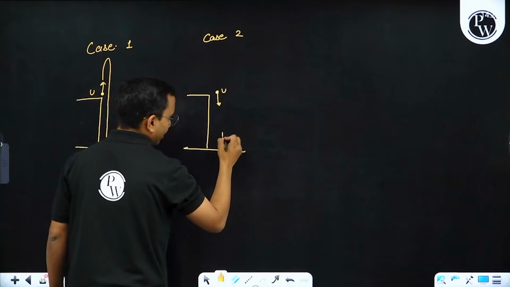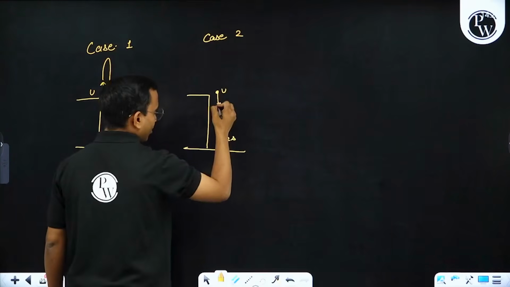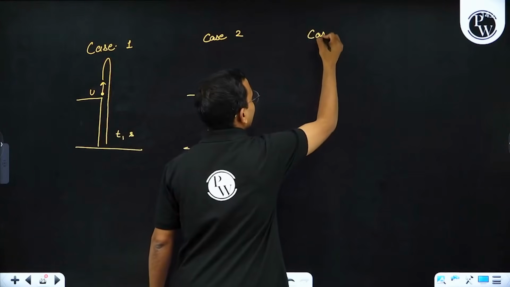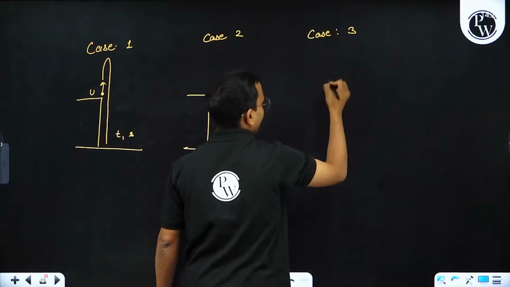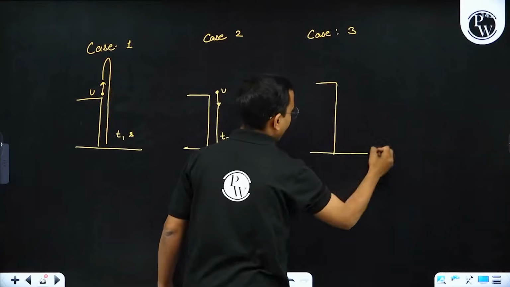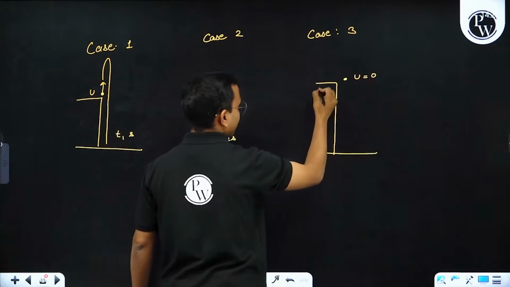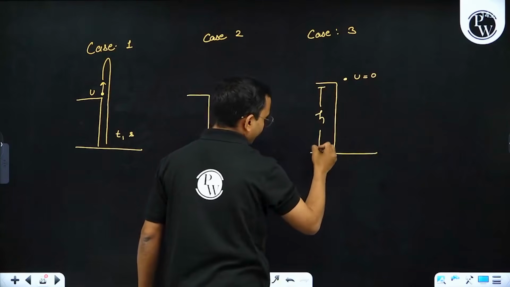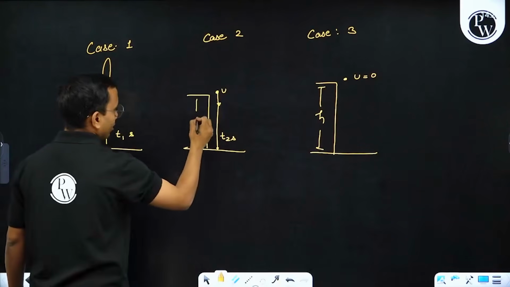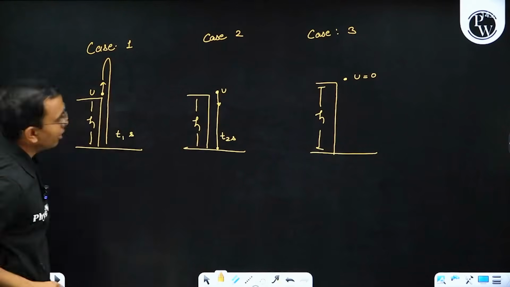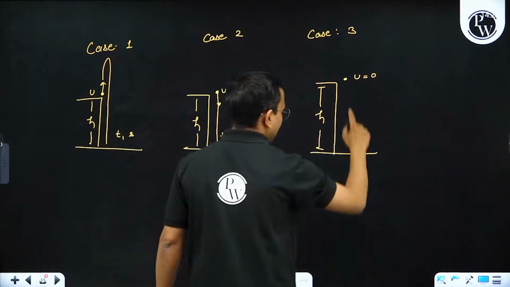Reaches the ground in t2 second. Okay, it will come down like this. Third, case 3, it is dropped. The height is the same. Okay, so how much time it will take?